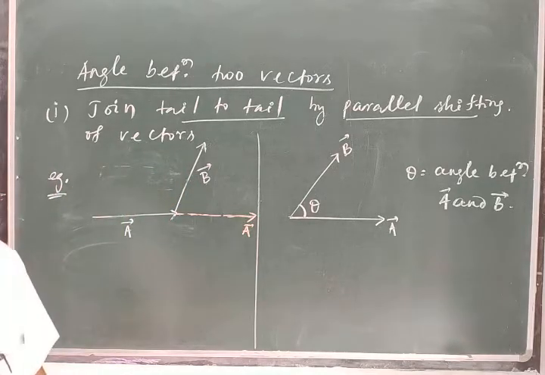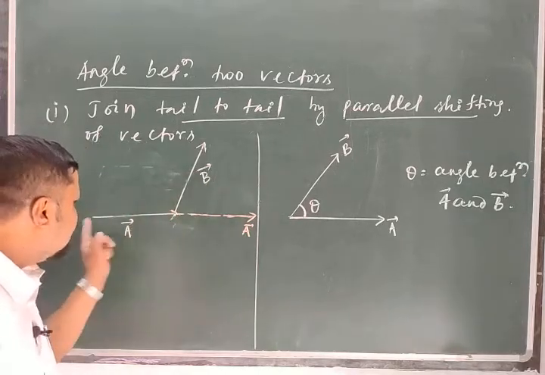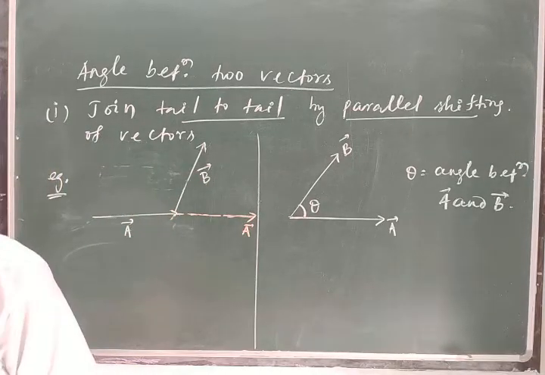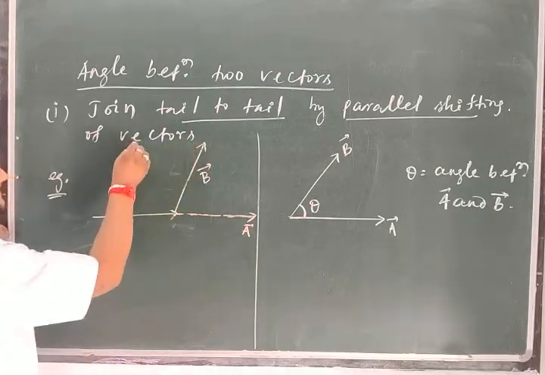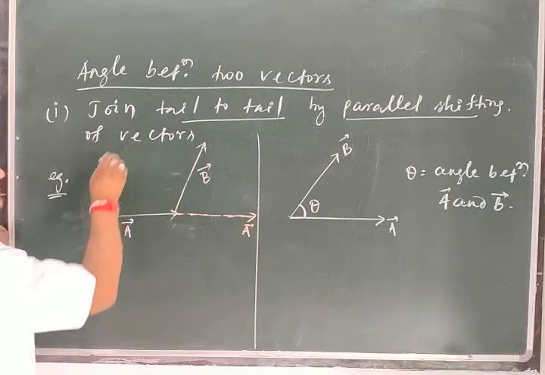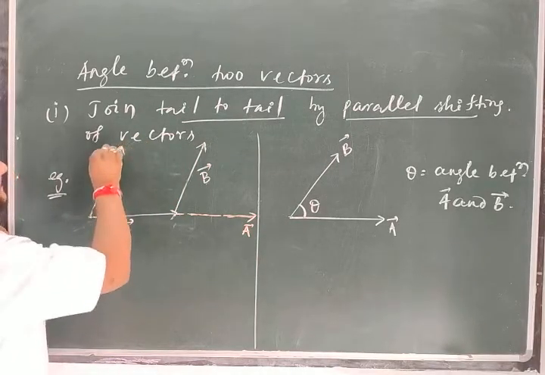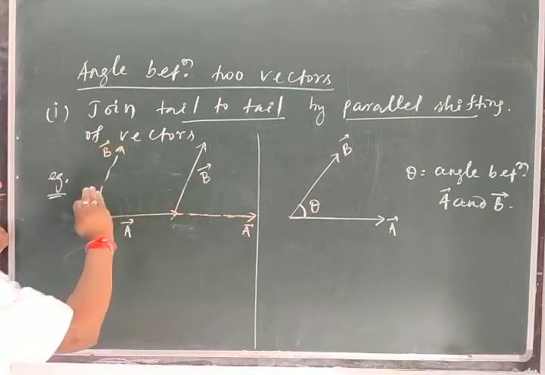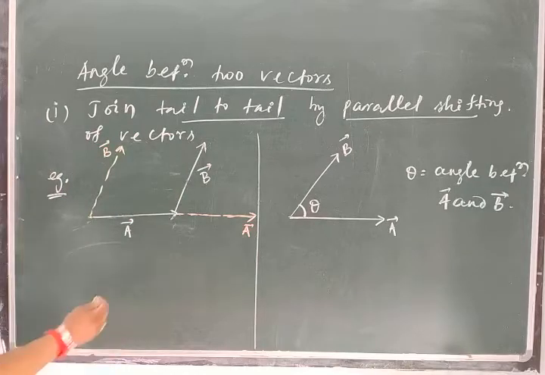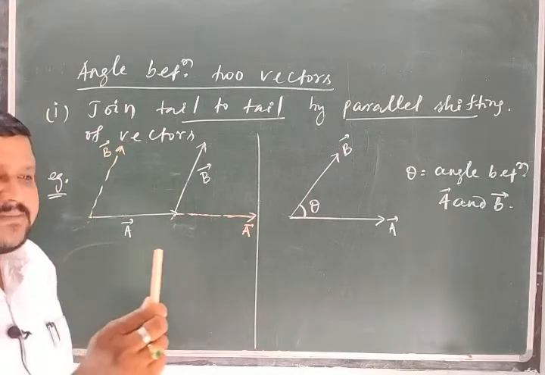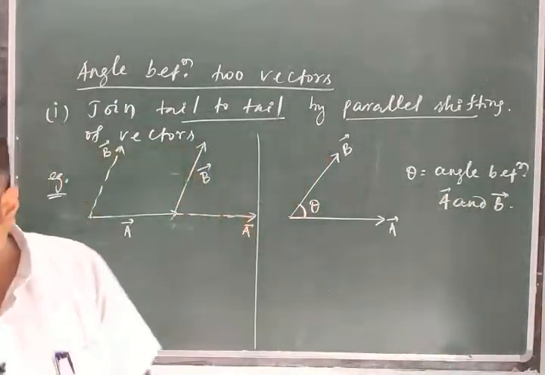I can join the tail of A with the tail of B, or the tail of B with the tail of A. By parallel shifting there is no change in vector B. If I shift this vector parallel to this place, there is no change in the vector's magnitude and direction.